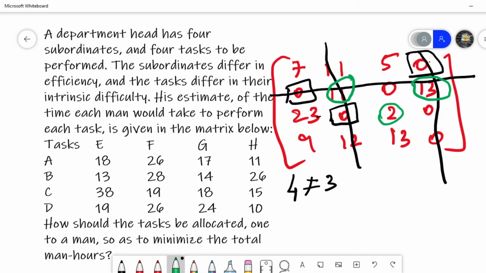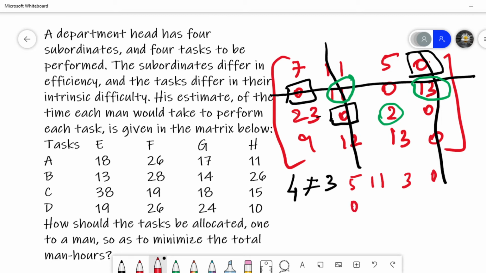Okay. So 7 minus 2 is 5. Then 11 remains the same. Then 5 minus 2 is 3. Next 0.